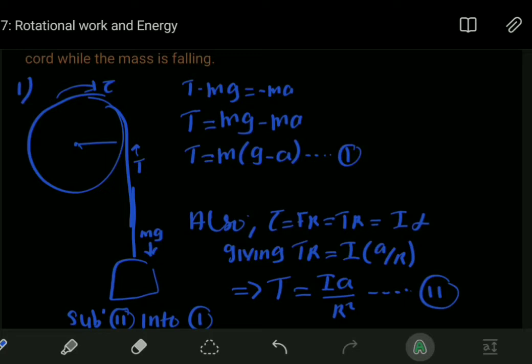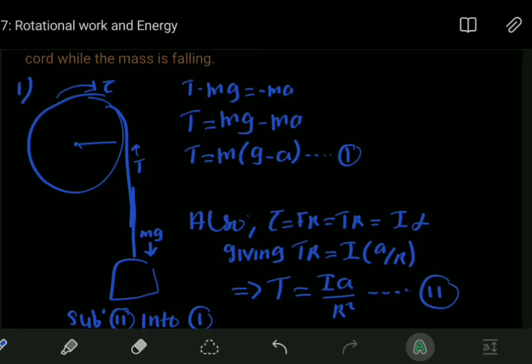This mass is going to fall a displacement of 180 centimeters. Notice that while this mass is falling, it's causing this cylinder to rotate, and because the mass is attached to the cylinder by a cord, there's going to be some tension in that cord.